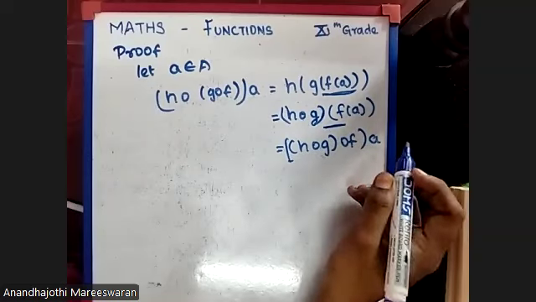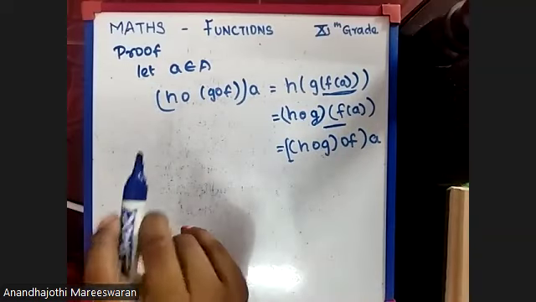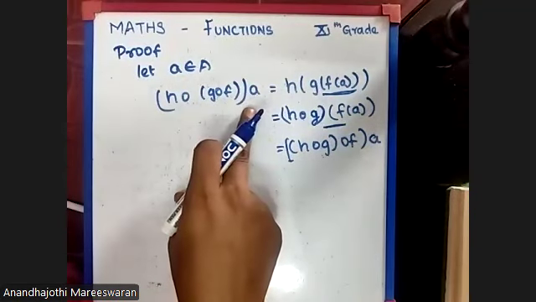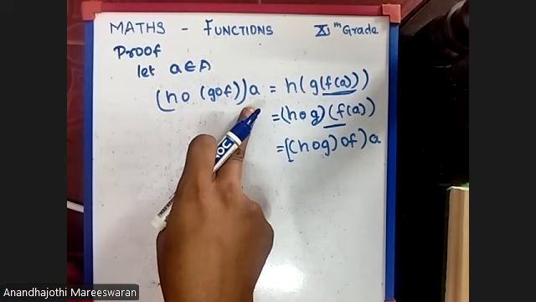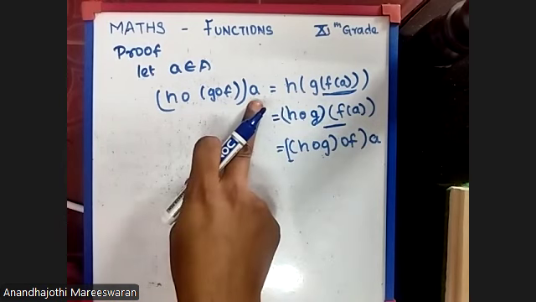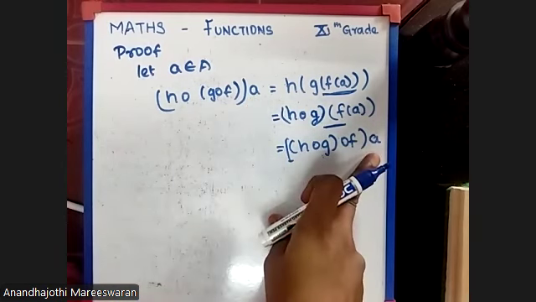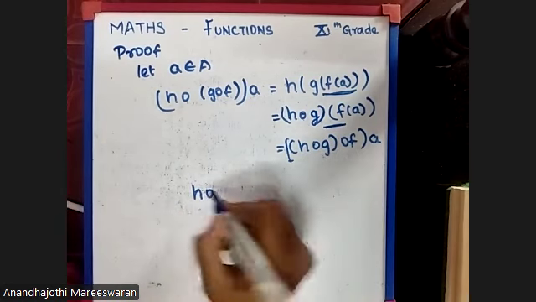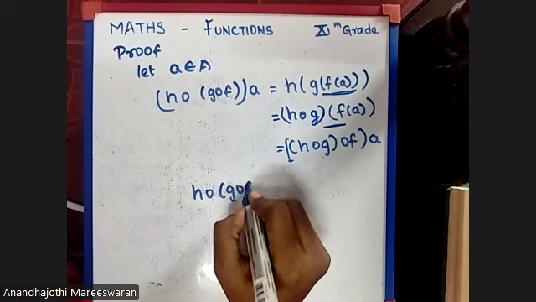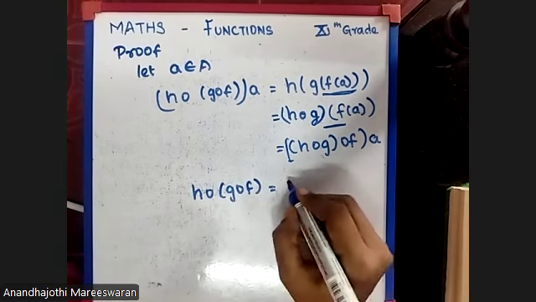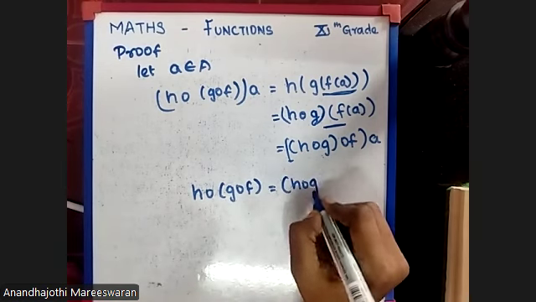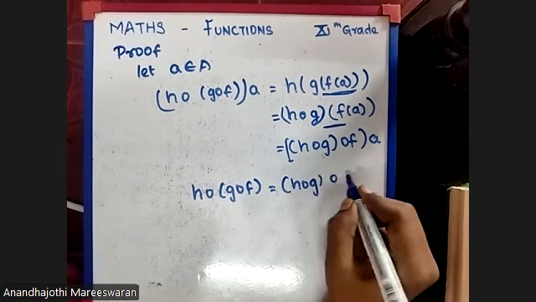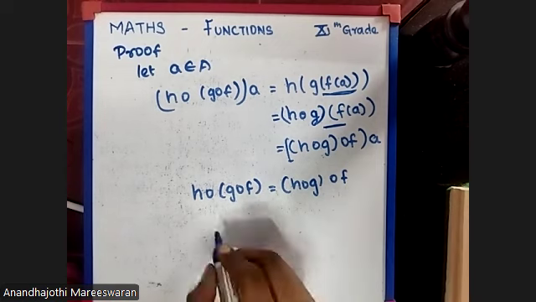We already proved that both their domains are the same. Now we also proved that when we put a random element, the output is the same. So we can write that H circle G circle F and H circle G circle F are equal.